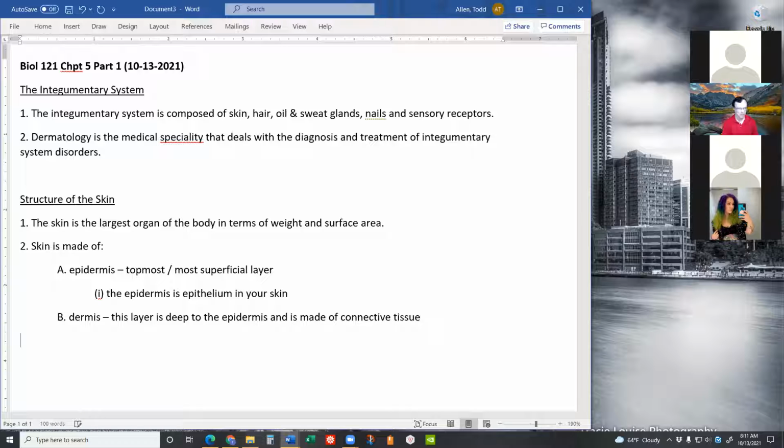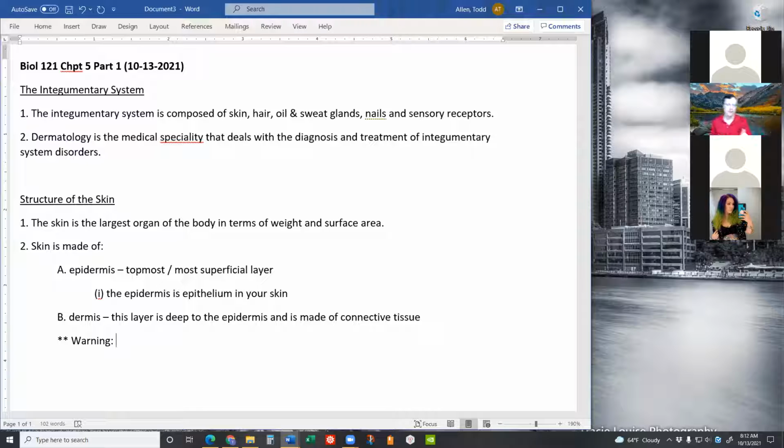Okay. All right. Now I'm going to put a caution sign here, a caution or a warning. Your skin is made of the epidermis and dermis, and you see that in figure 5.1. Along the right side, you see the brackets, epidermis and dermis. If you look very carefully, there's another bracket underneath dermis, and it's called subcutaneous tissue.